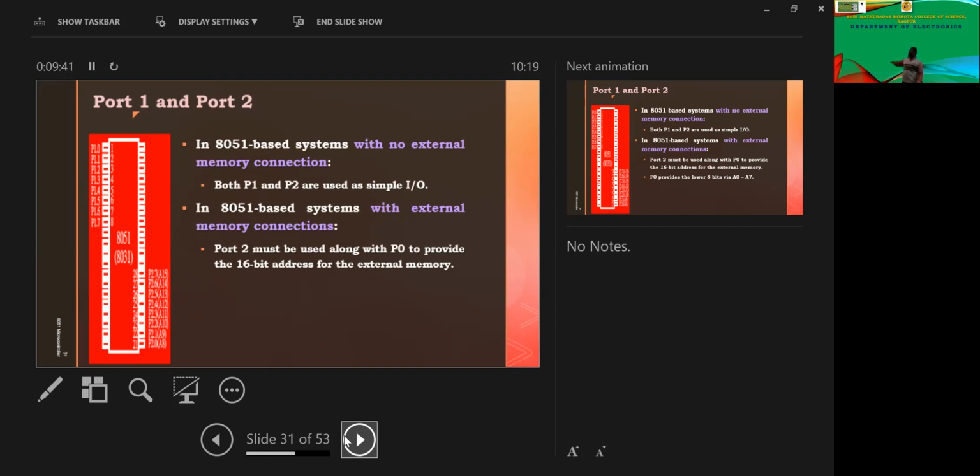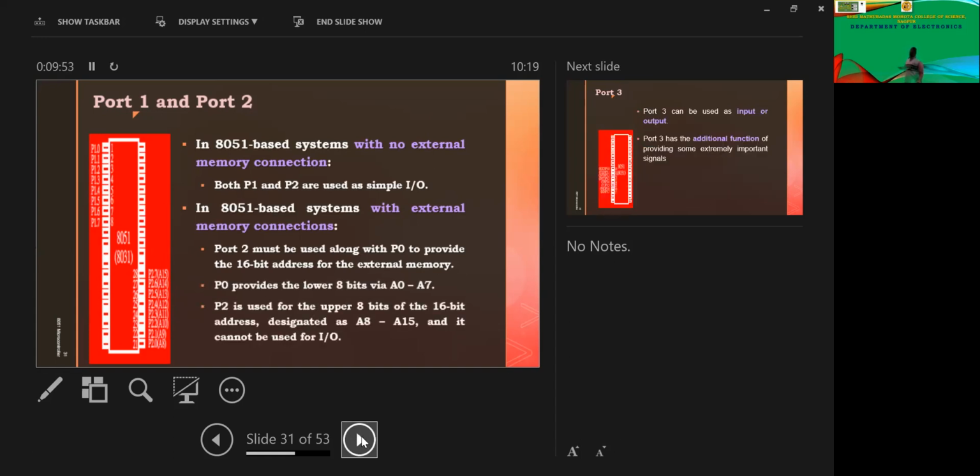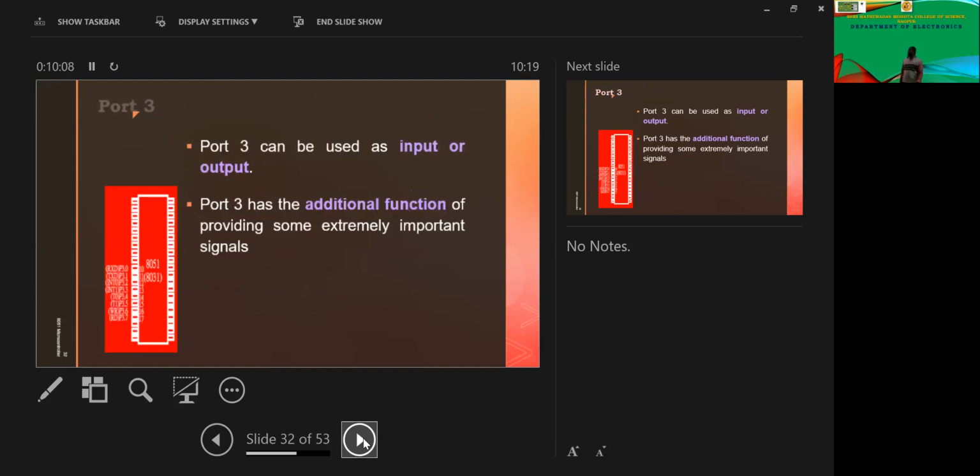As I've told you, this can be used as the address bus also, the higher order address bus. So P0 provides the lower 8 bits via A0 to A7, whereas P2 is used for the upper order address bus, that is 8 bits from A8 to A15, and it can be used as input output ports also. So when programming, we are using it like an address and data bus.